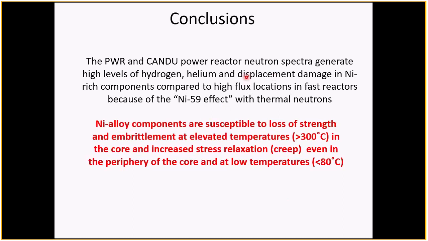It's actually 10 times. It's 200 times relative to the fast neutrons. But having said that, in the core, 90% of your damage is from fast neutrons anyway, so it would be the same. It's just that in the periphery, 90% is from nickel 59, if you like.